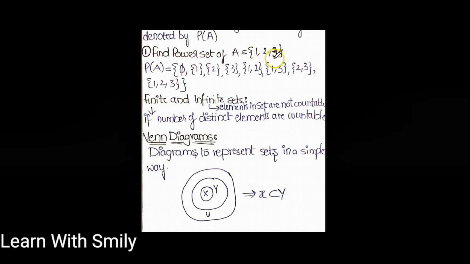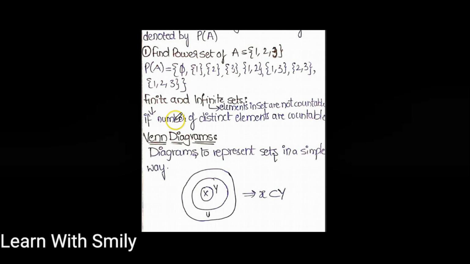It includes each and every subset, including nothing, the empty set, which is also a subset. Then {1} is a subset, {2}, {3}, {1, 2}, {1, 3}, {2, 3} and {1, 2, 3}. So the collection of all the subsets is called the power set.